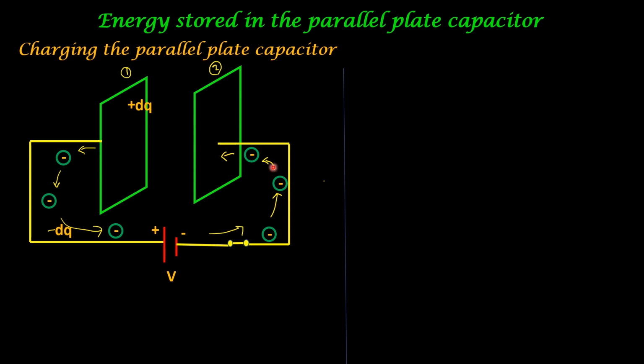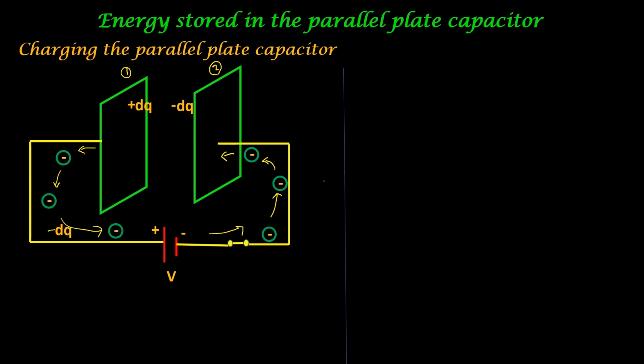As time proceeds, several such dq negative charges will be deposited on the second plate. For subsequent dq charges removed from the first plate, more and more energy, that is more and more work, will have to be done, because as positive charges increase on the first plate, the remaining electrons will be held tightly by the existing positive charges.